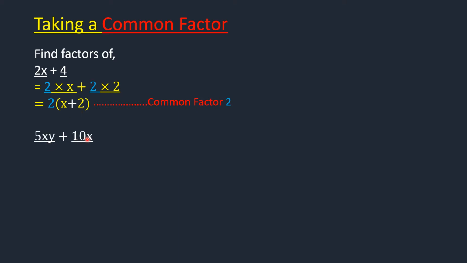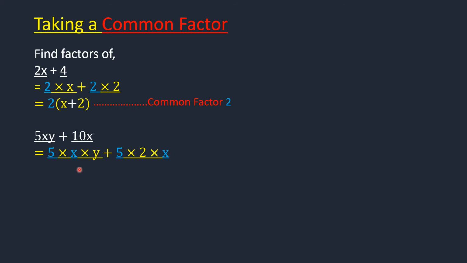5xy plus 10x. Here 5xy is one term and 10x is another term. Let's find their factors. So factors of 5xy are 5 multiplied by x multiplied by y. Factors of 10x are 5 multiplied by 2 multiplied by x.